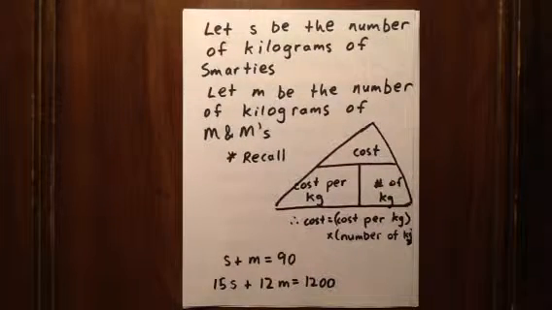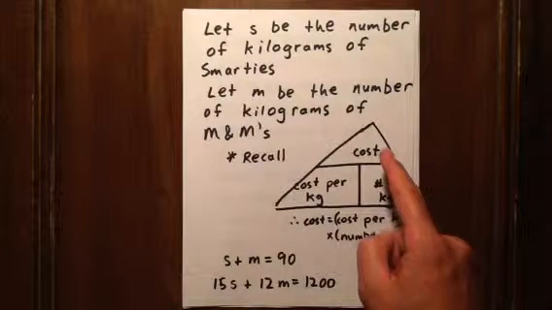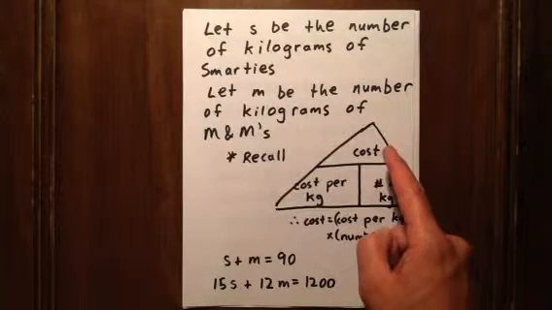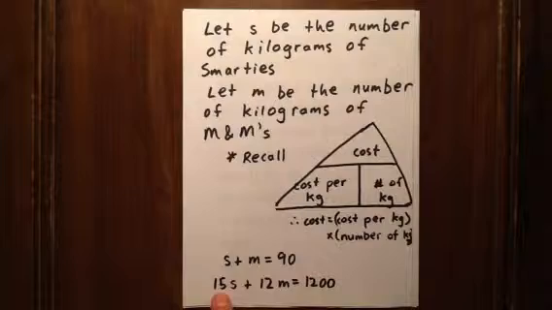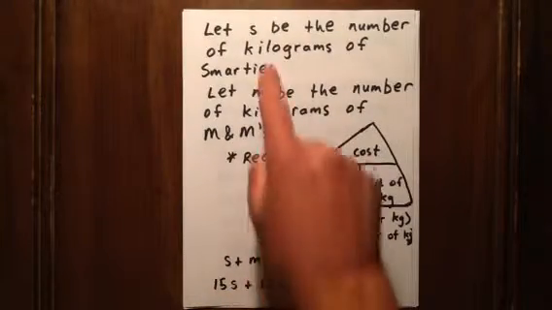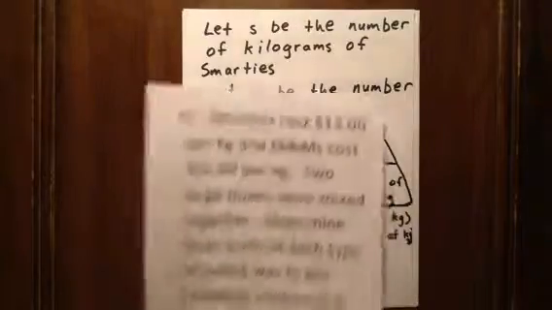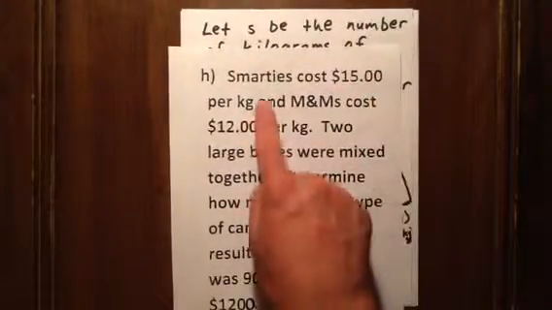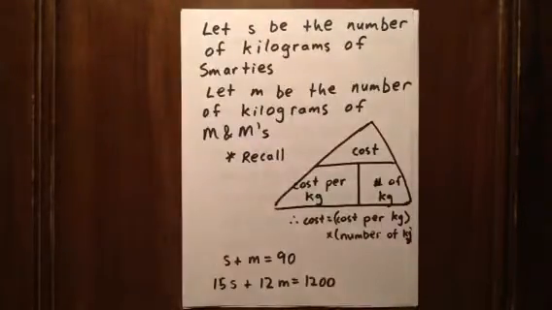The next equation is going to be based on cost. What is the total cost of all the Smarties? Well, it's $15 per kilogram times the number of kilograms. S is the number of kilograms, and $15 per kilogram is the cost of the Smarties. So 15S is the total cost of the Smarties.